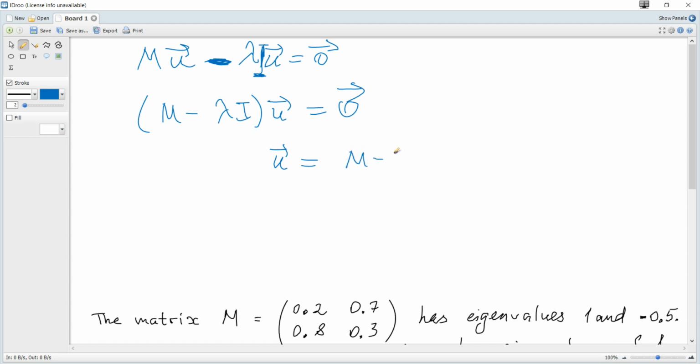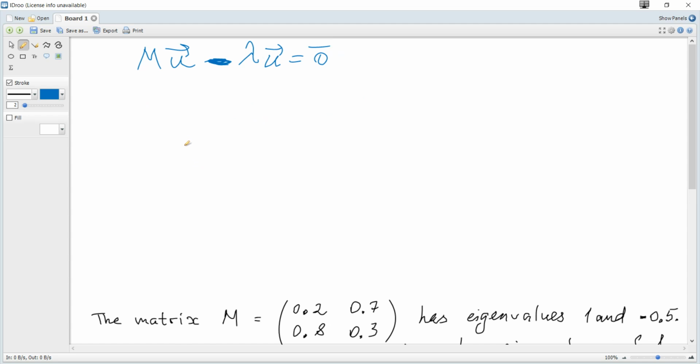So it becomes M minus lambda I inverse multiplied by the 0 vector. But you can notice that the answer is the 0 vector. What does it mean? It means that the origin remains the same, but it's a trivial solution. And to get non-trivial solutions, this inverse should not exist, and the inverse doesn't exist when the determinant is equal to 0.